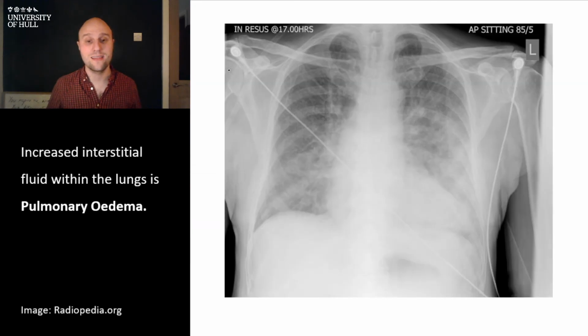And again, that is another reason why we may end up in pulmonary edema. And this is why we see pulmonary edema in sepsis and pancreatitis and possibly in anaphylaxis as well.